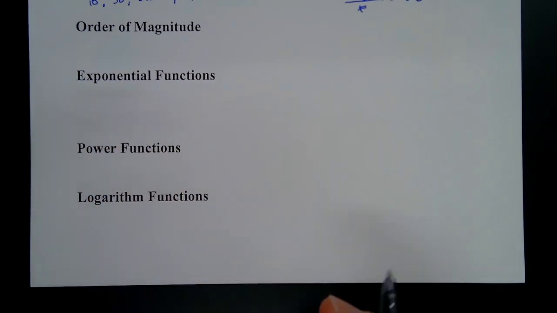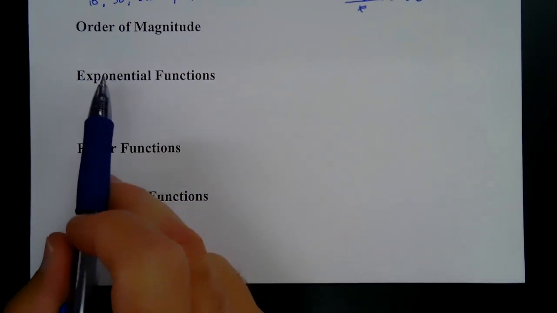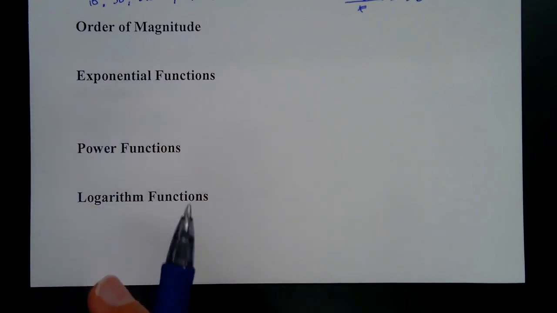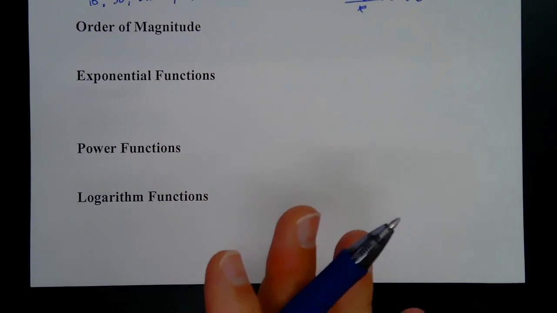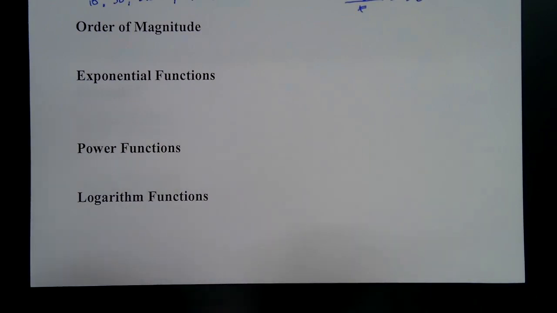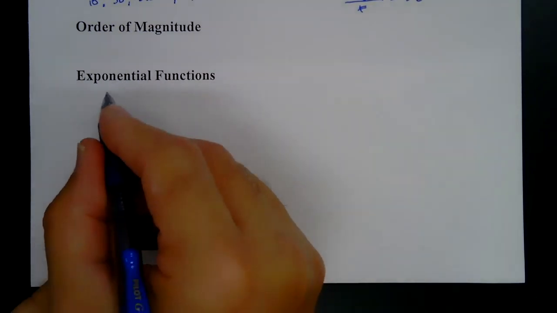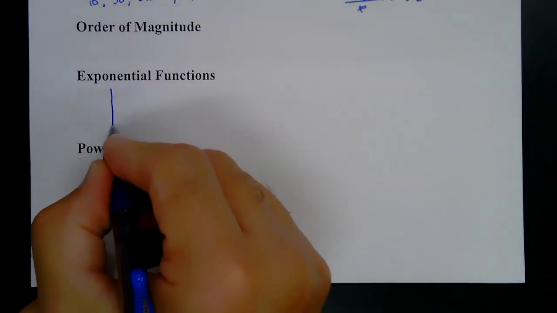Okay. So of all the functions, exponential functions grow the fastest. There's actually one that grows even faster than exponential, called factorial, but we really don't deal with it in Calc AB. We need that more in Calc BC. We've got to be careful on these because the shape of an exponential function looks like this.